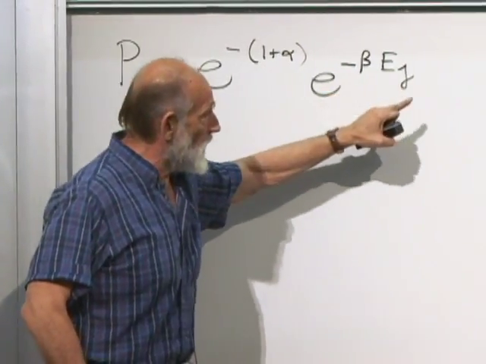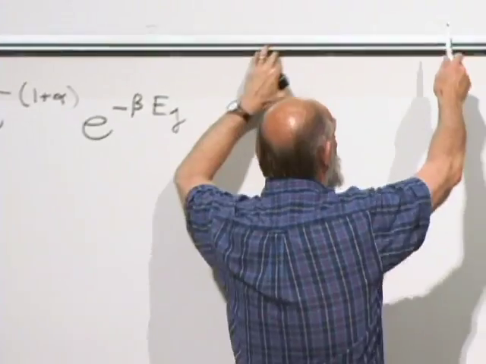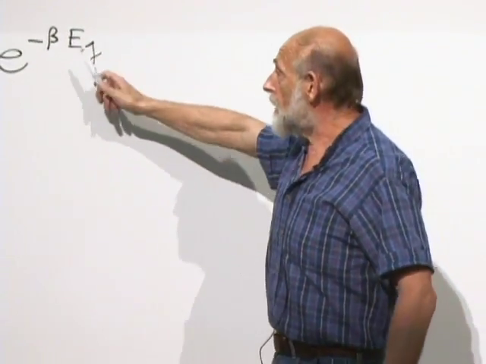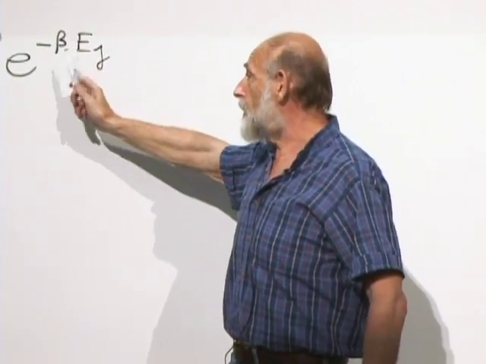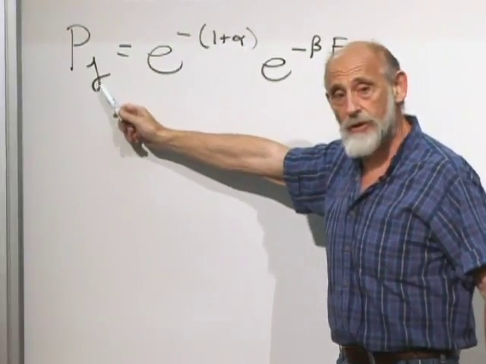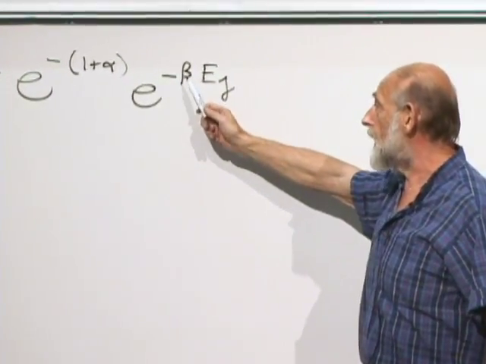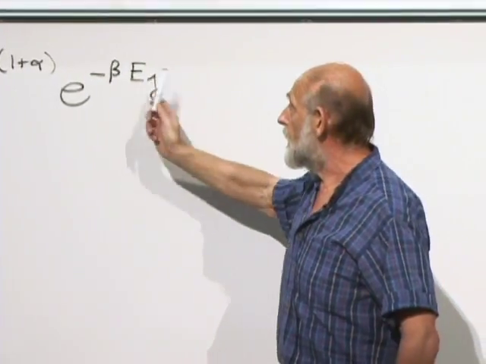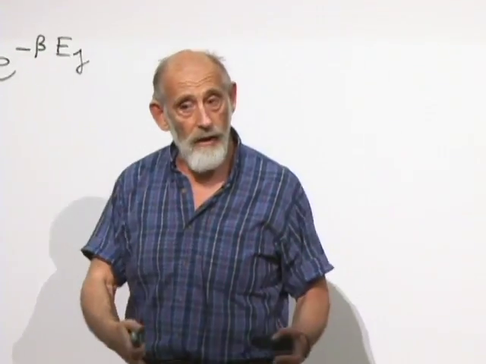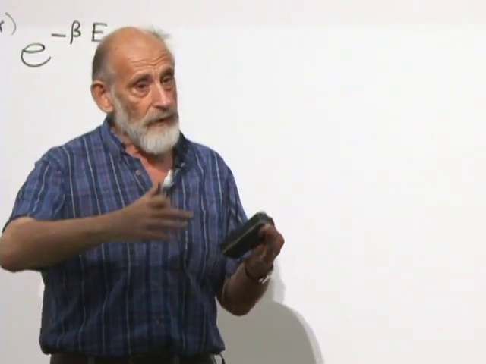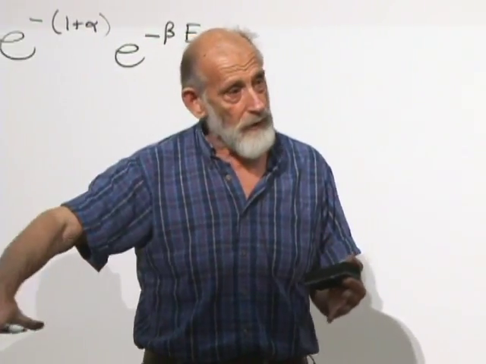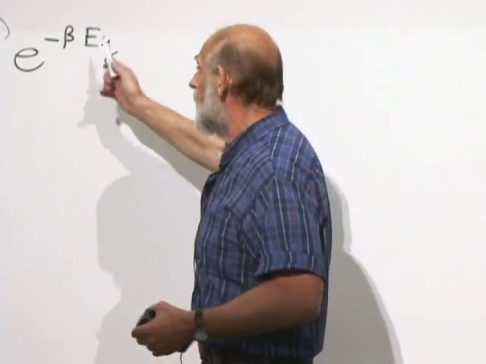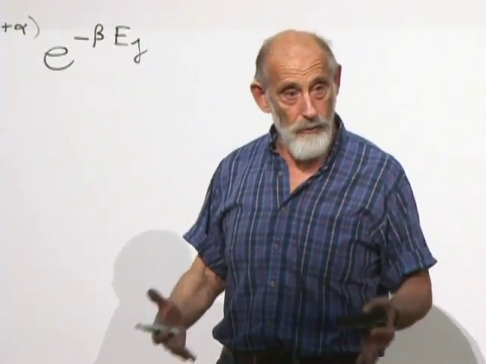All of the j dependence, in other words, the dependence on which state we're talking about, is all in this factor here. And this tells us that the probability for the jth state is proportional to e to the minus this Lagrange multiplier times the energy. It tells us that the probability for different energy levels falls off exponentially as a function of the energy. That's the basic property of the Boltzmann distribution.